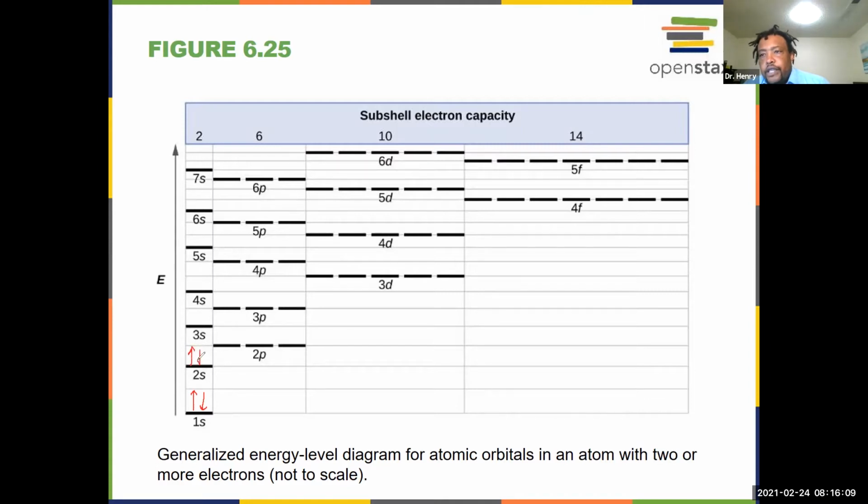We then fill the 2s. And then we'd have 2 that are in the 2p.